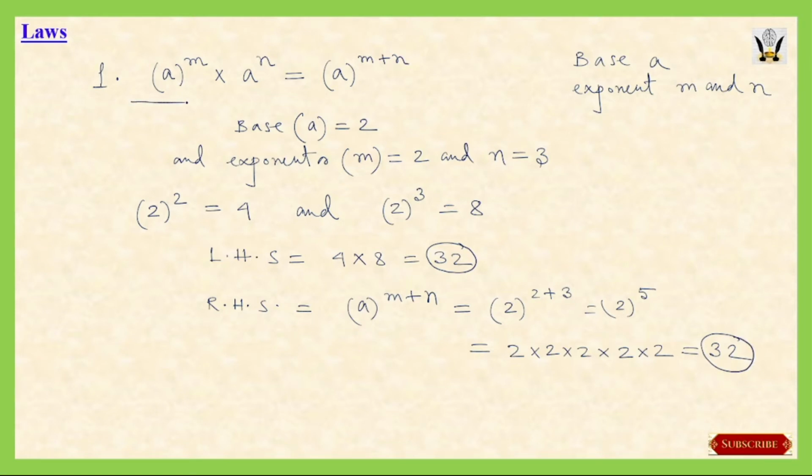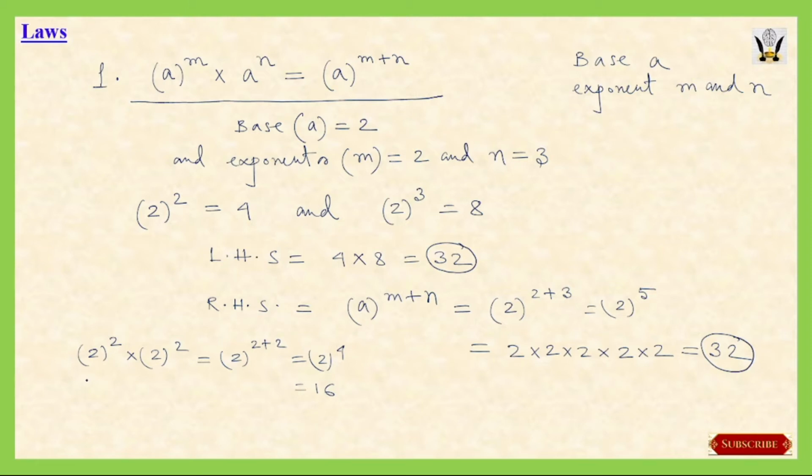Hence this law is satisfied for any non-zero rational number as base and any exponent values. Even if m and n have the same values, it will still be applicable. Suppose we multiply 2 to the power 2 with 2 to the power 2 again, then as per the law it will be 2 to the power 2 plus 2, that is 2 to the power 4, which is 16.